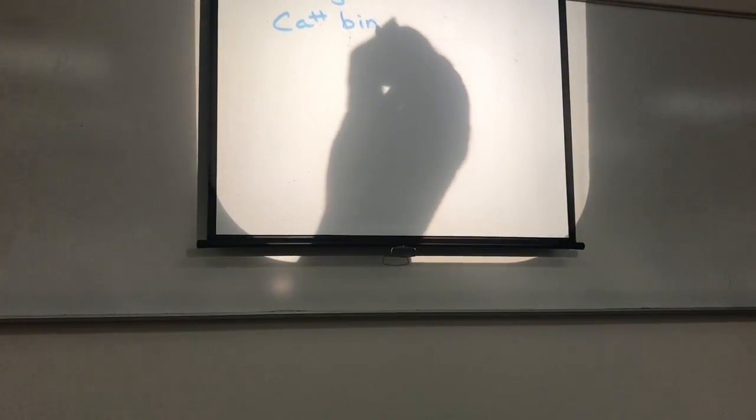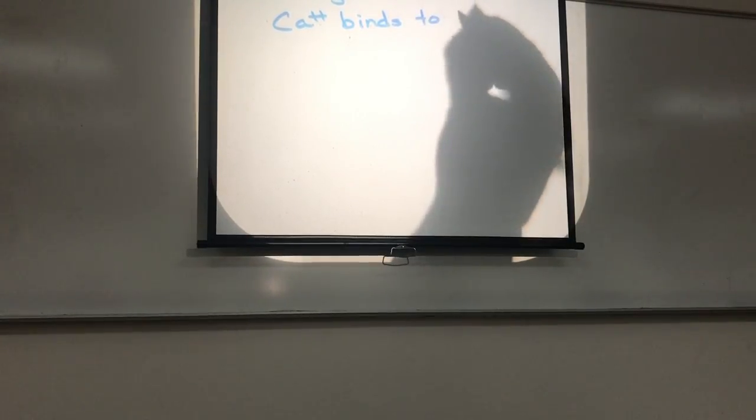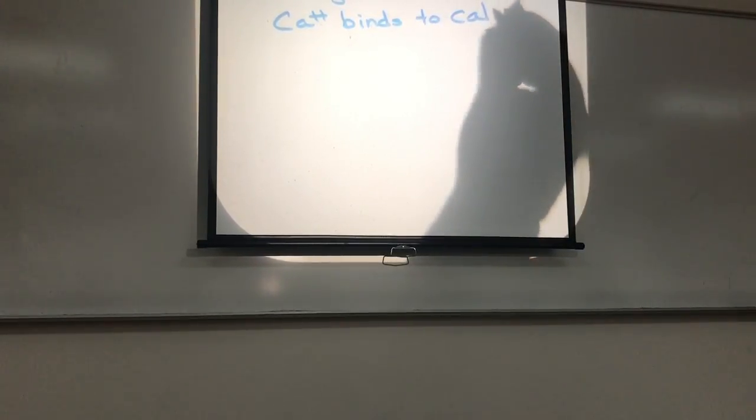Action potential is occurring, those calcium gates open. Calcium comes into the cytoplasm of the cell. Calcium concentration starts to go up. These calcium ions, whether they're coming from the sarcoplasmic reticulum or the extracellular fluid, bind not to troponin, but to a different protein called calmodulin.